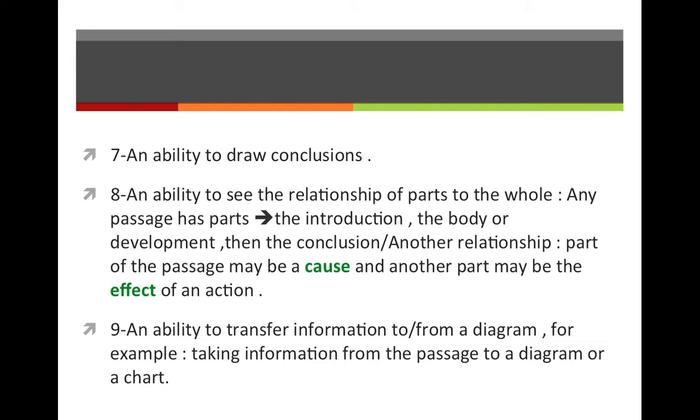So what do you take and from where to where? For example, you might be given a passage, and under this passage you are given a diagram or a chart or a table or a grid. You remember the grid, the boxes? And you might be asked to take certain information from the text to the diagram. This is also a cognitive skill.